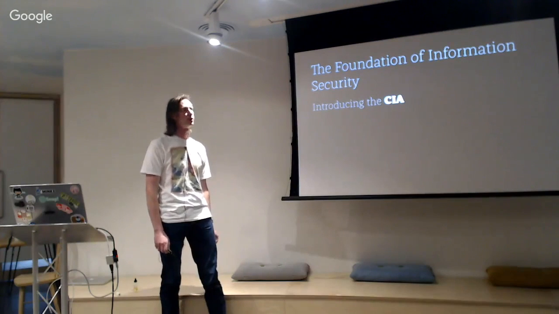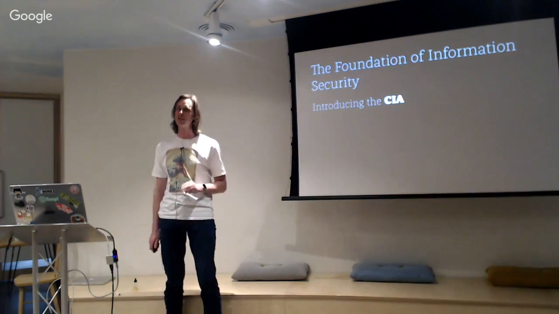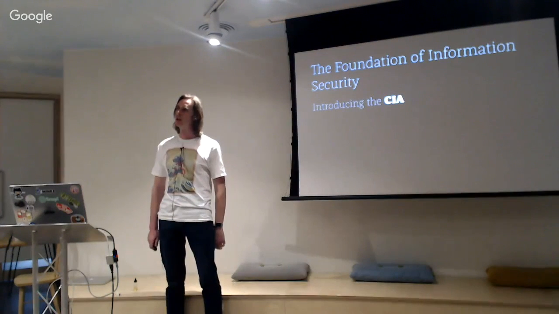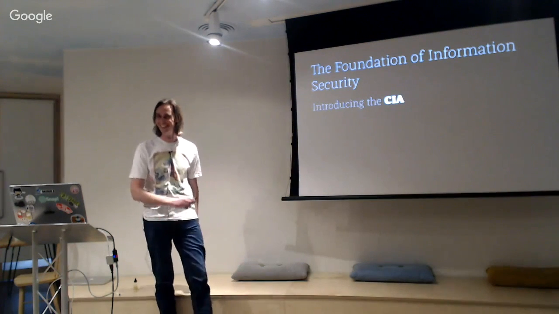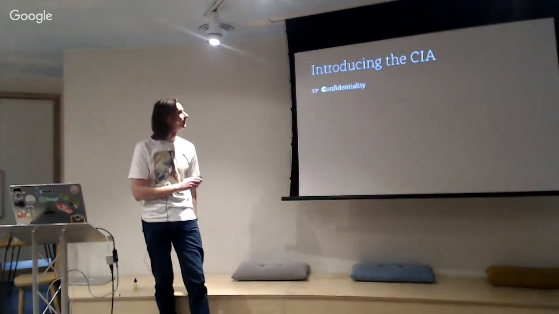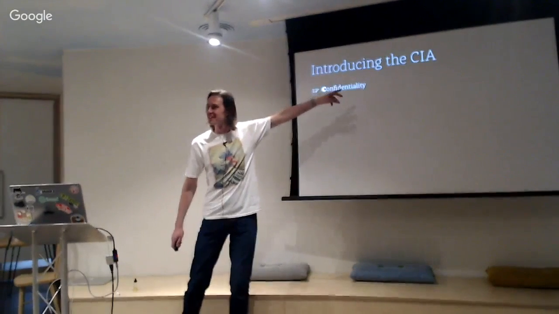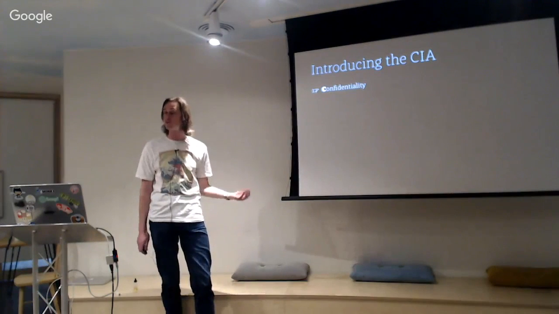So the foundations of information security. Information security is founded on three basic premises. Does anybody know what they are? The clue was in CIA. So we've got a nice little acronym. The first one's confidentiality.